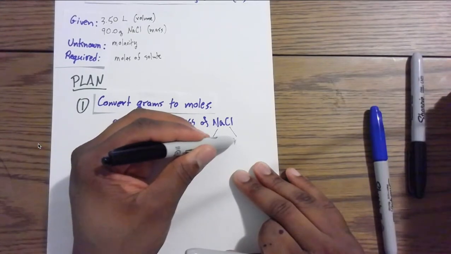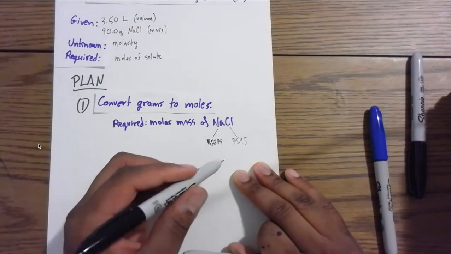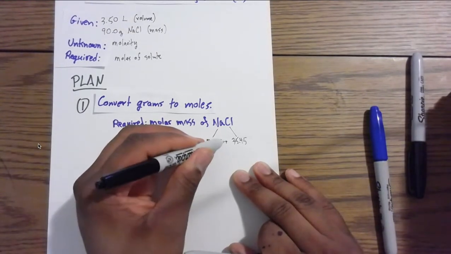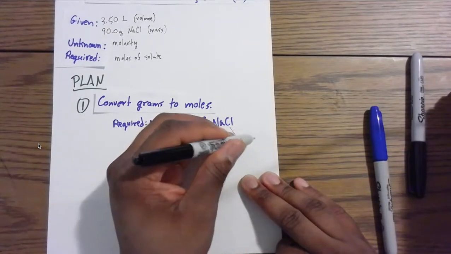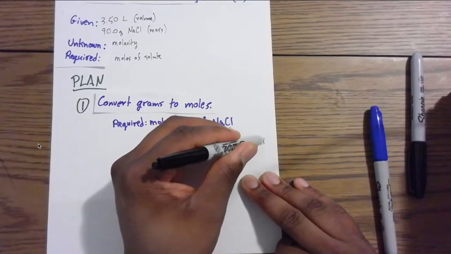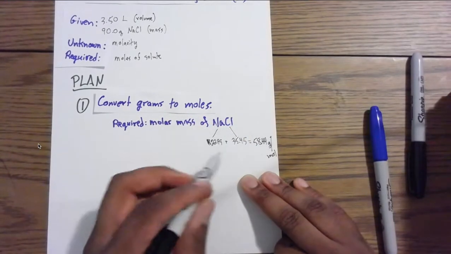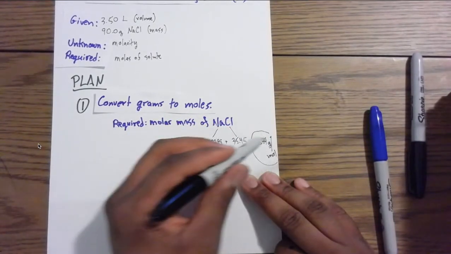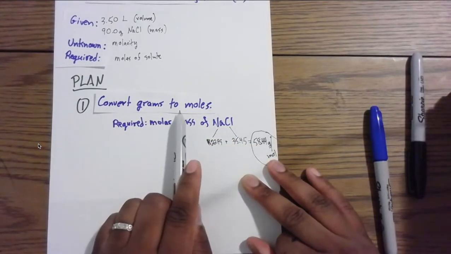For chlorine, 35.45, and we just add them up, and our molar mass for sodium chloride ends up being 58.44 grams per mole. So this is the molar mass. And now that we have this, I can use that to convert grams to moles.